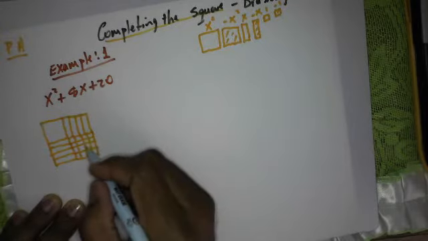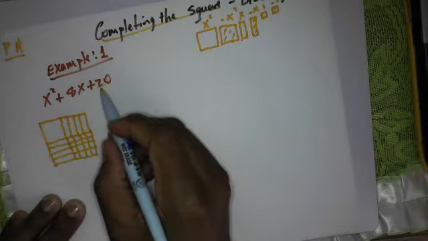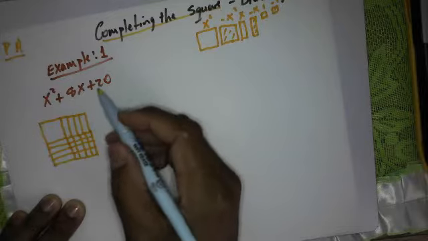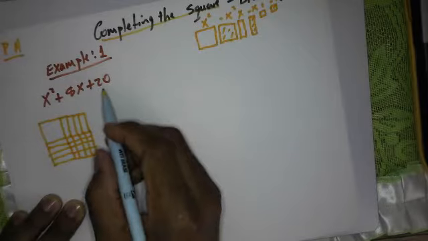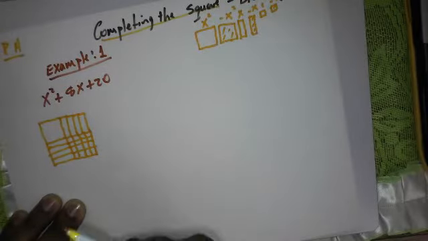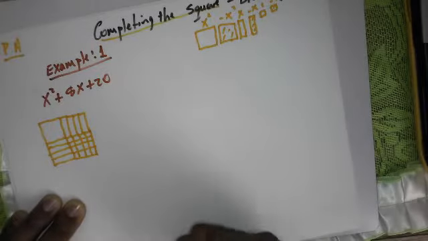Now the number of pieces you need to complete the square will depend on what you have here. If this number is positive, it means you have some pieces that you can use to complete the square. If it is negative, you do not have any, so you need to create something called zero pairs. We will look at that shortly.